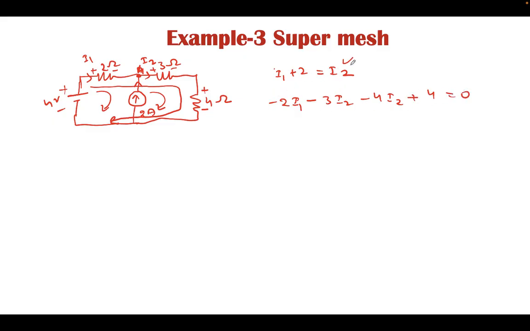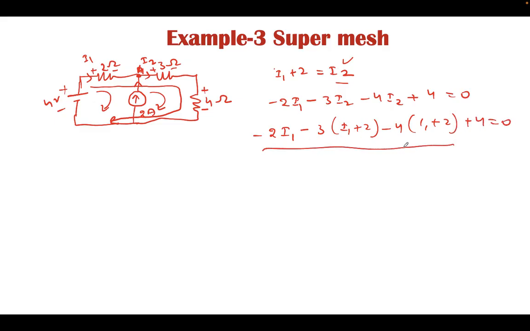By the definition we know I2 is equal to I1 plus 2. Putting the value of I2 here, it will be minus 2I1 minus 3(I1 plus 2), then minus 4(I1 plus 2), plus 4 is equal to 0.